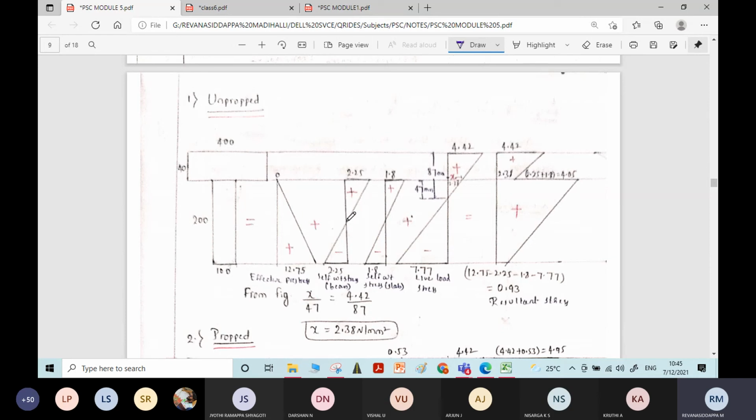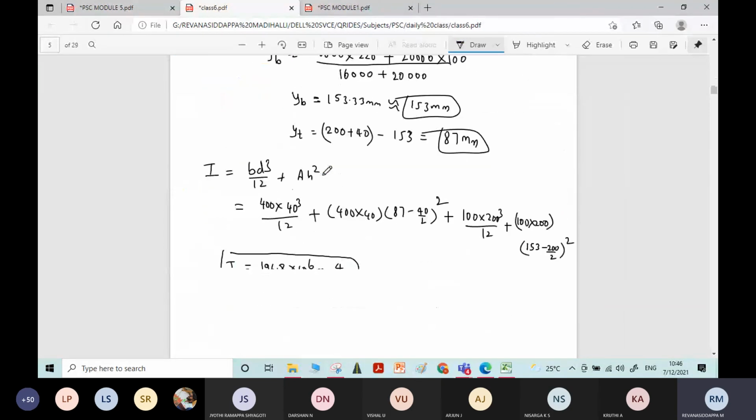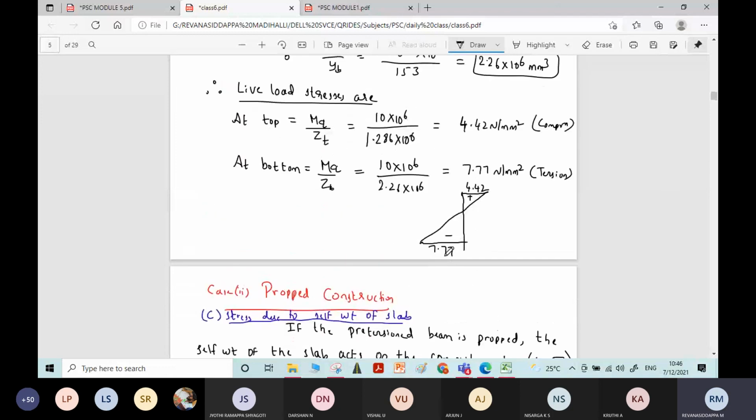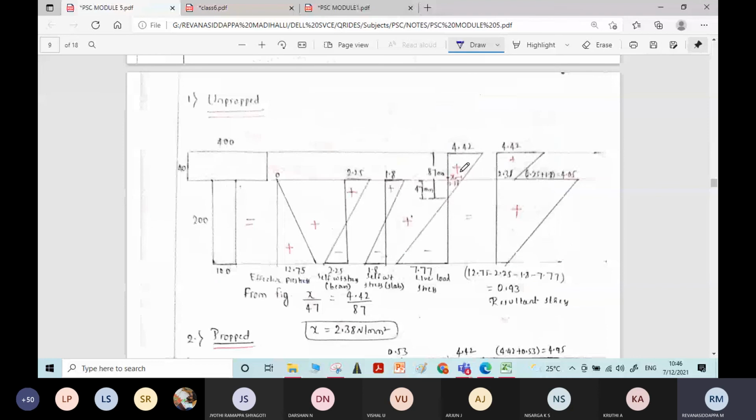The weight of the slab acts as dead load on the beam, so corresponding to the beam height only, you will write the stress distribution. When it comes to the stresses due to the live load, we need to write the stress distribution corresponding to the full depth. Remember, whatever stress distribution we have written now, plus 4.42 and minus 7.77, should be written with respect to the full height.